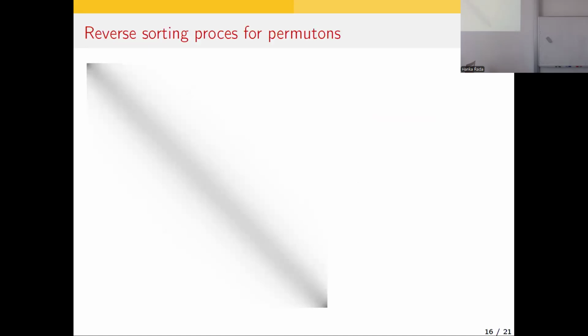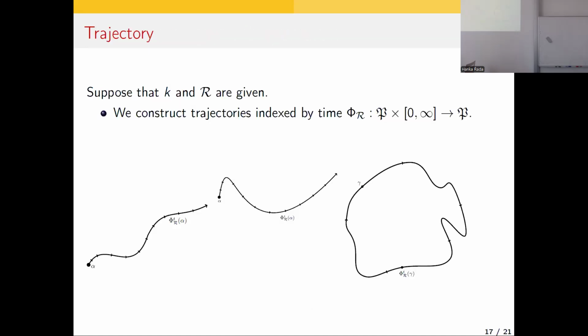And now what was our research in this field? We showed that we have functions for every k and every rule. It's important that the k and the rule are given at the beginning. We are working with one rule, and for that rule, we can find trajectories.